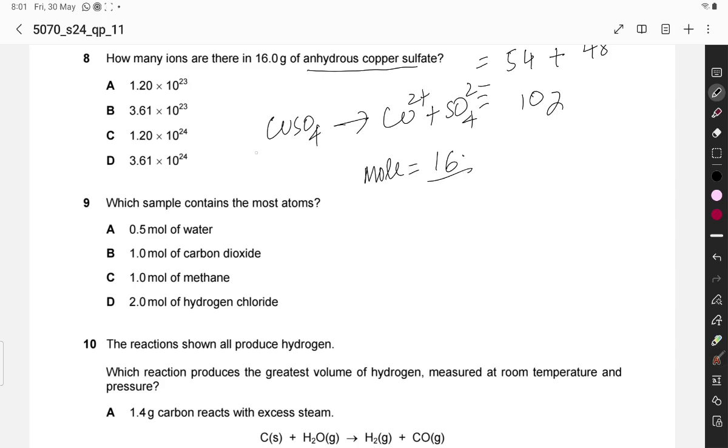Mr of copper sulfate is 64 plus 32 plus 16 into 4, 64, so 64 plus 64 plus 32 is equal to 160. So this is 160.